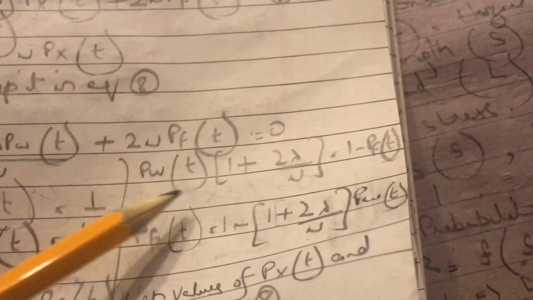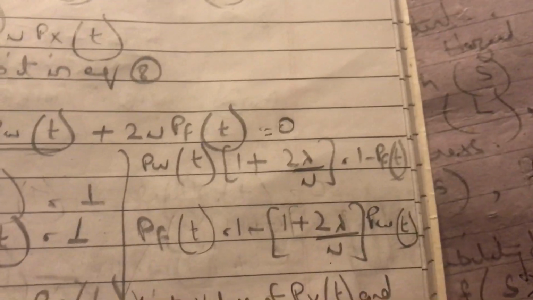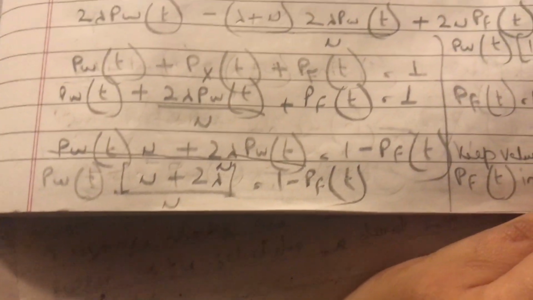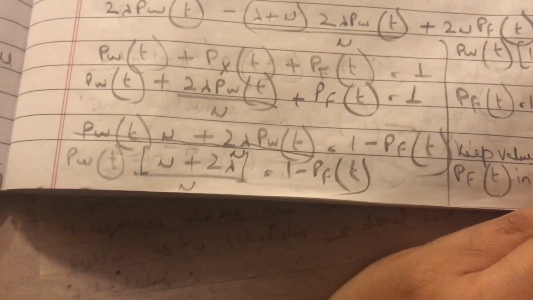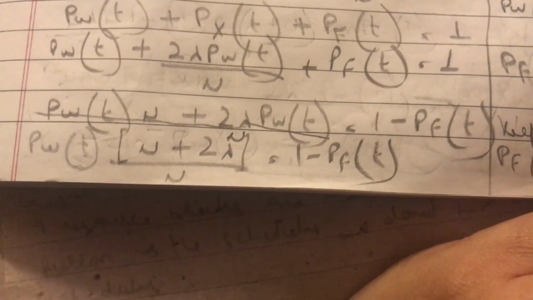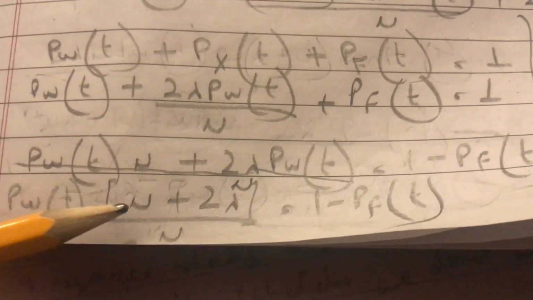What's next now? We have to find the value of pf of t, no? This mu and mu cancel, mu over mu, so 1 remains.